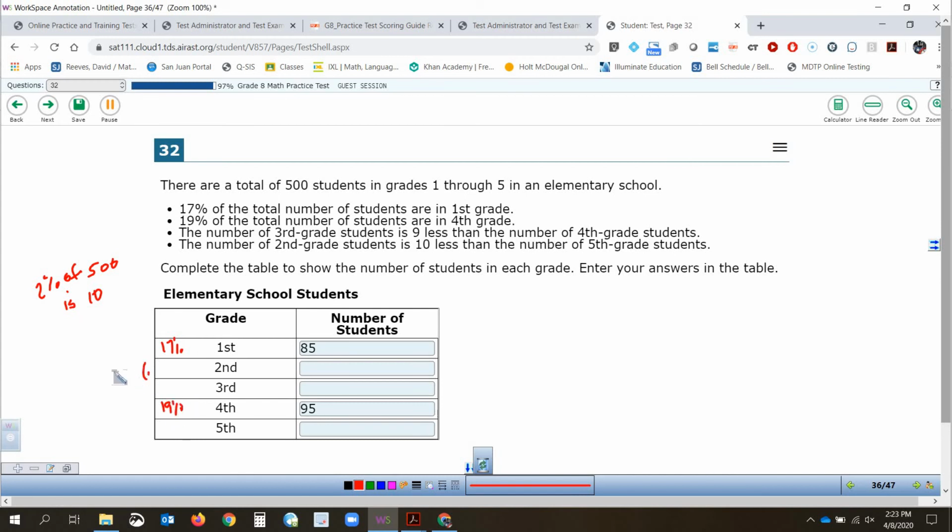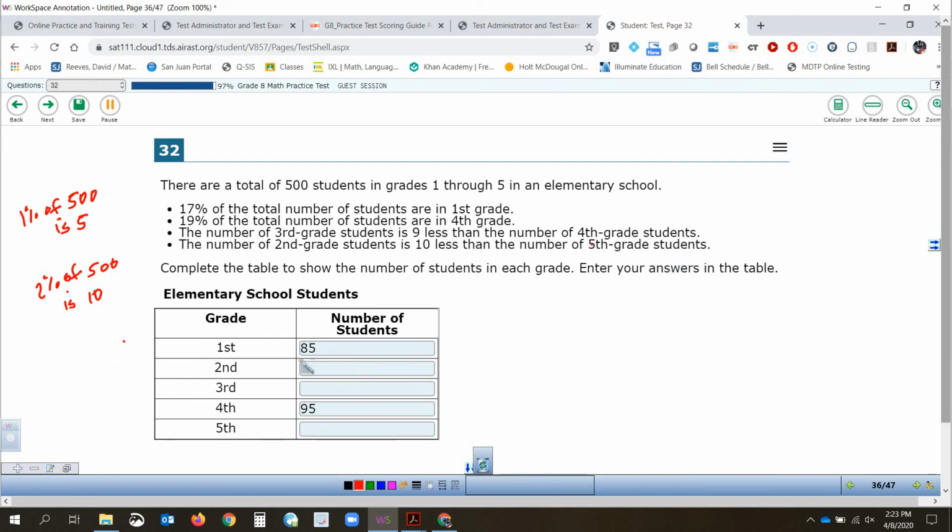So this was a 2% difference, and this was a difference of 10. So 2% of 500 is 10. 1% of 500 is 5. Of course, we should have known that, huh? Because to find a percent, you divide by 100.